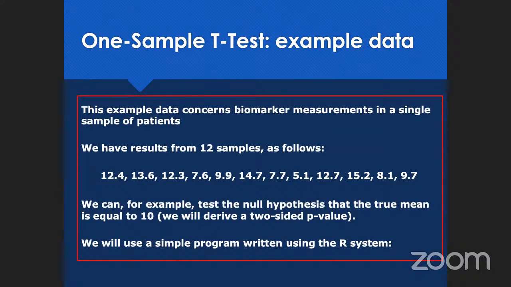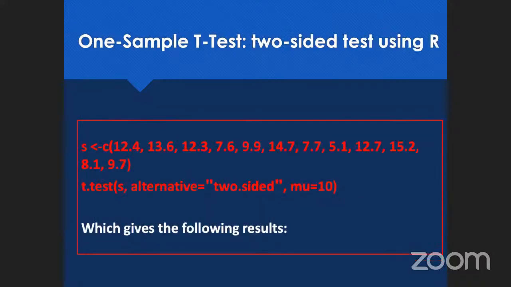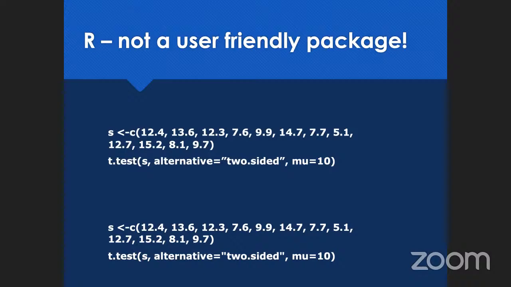So using a simple program written in, for example, the R analysis system, which is one of the most commonly used systems to analyze research data, upon entering the values in R and choosing a two-sided t-test, this will give us the following result.